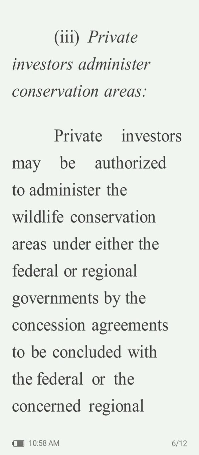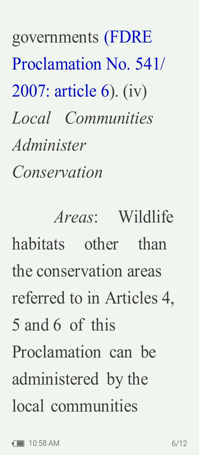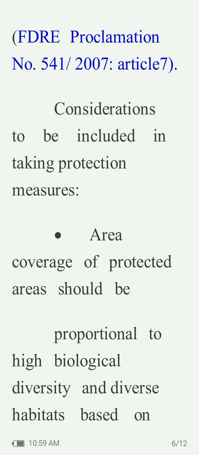Private investors may be authorized to administer the wildlife conservation areas under either the federal or regional governments by the concession agreements to be concluded with the federal or the concerned regional governments. Fourth, local communities administer conservation areas. Wildlife habitats other than the conservation areas referred to in Articles 4, 5, and 6 of this proclamation can be administered by the local communities.